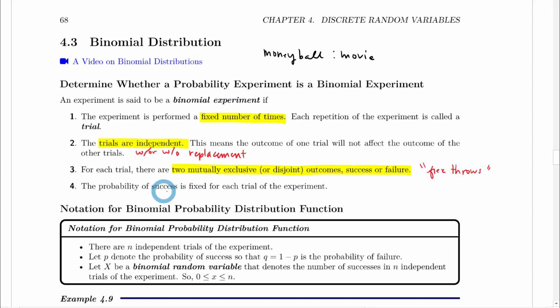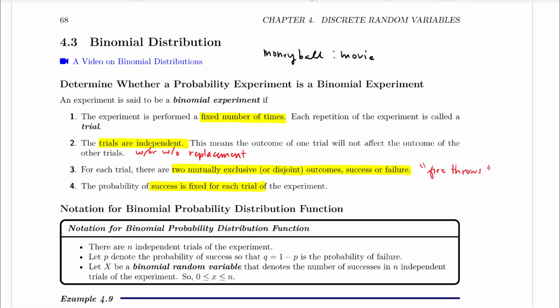The probability of success is fixed for each trial. Thinking about the coin, the probability of tossing a heads is 50%. And if I toss it again, because they're independent, it still will be 50% on the second flip.